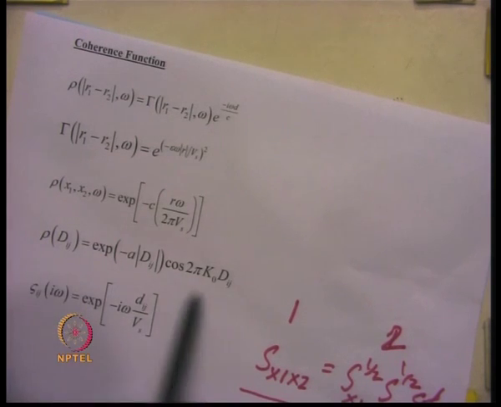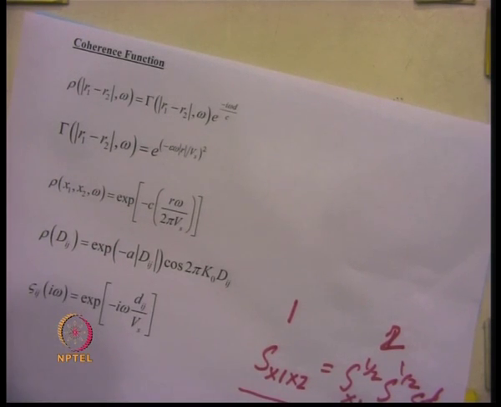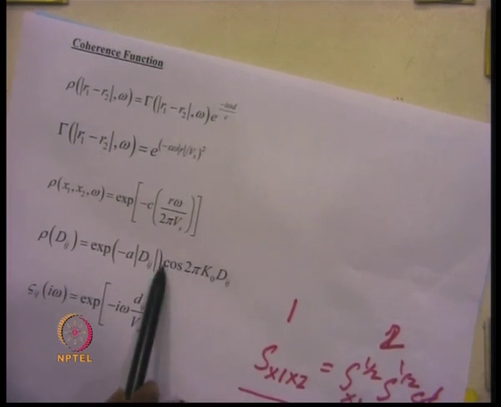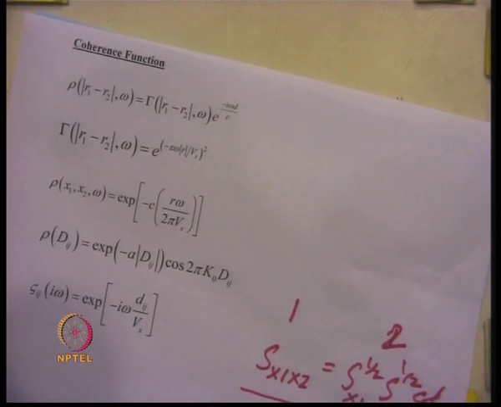This is another coherence function that is reported in the literature. This is in the form of a harmonic function, that is a cosine function, and an exponential function with the distance.